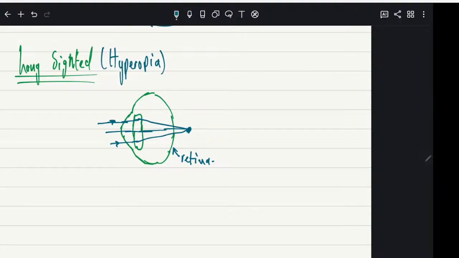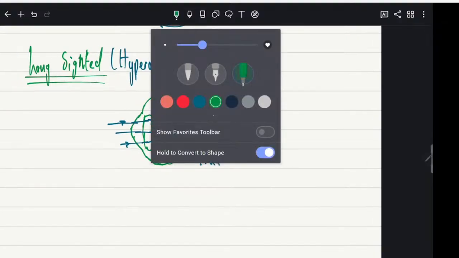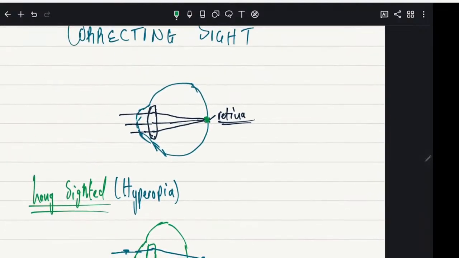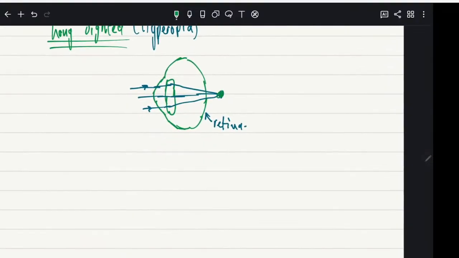Long-sightedness. Doesn't matter. Just know that the rays meet outside. So what you must know for this sight correction is two things. Listen, the rays should come here. Long-sighted people, rays meet outside. That's what we mean by a long-sighted person.